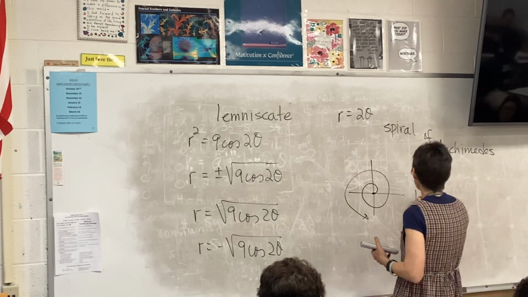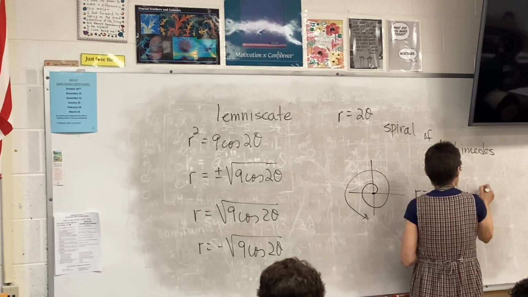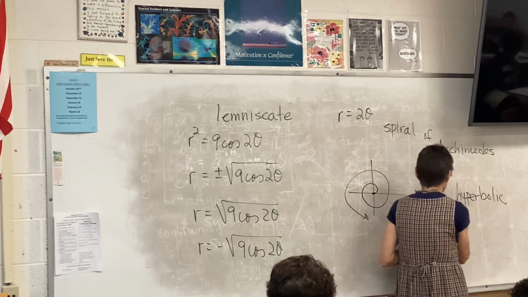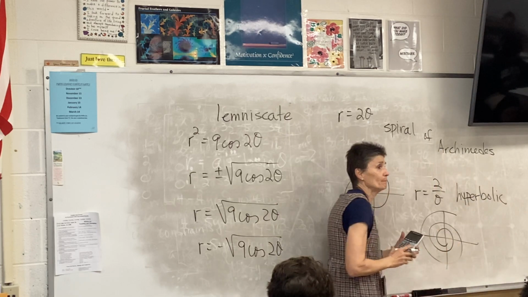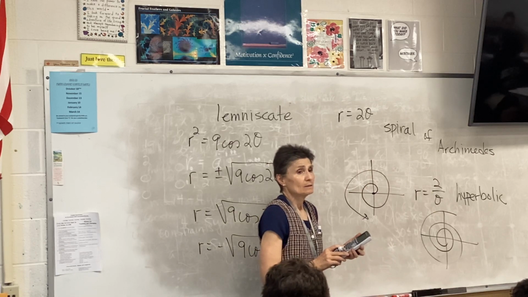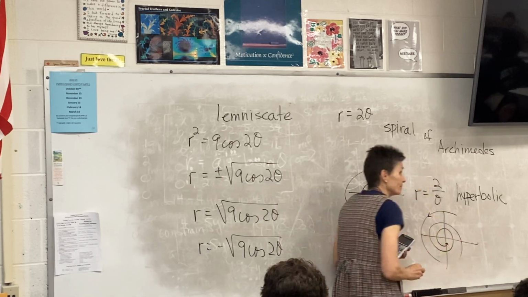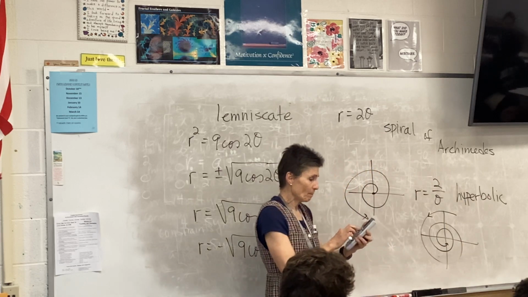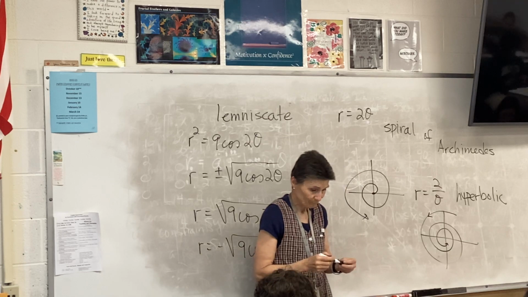This is called a hyperbolic spiral. A hyperbolic spiral starts out and spins in. That's the difference, the direction of that spin. Will a hyperbolic spiral ever touch the pole?